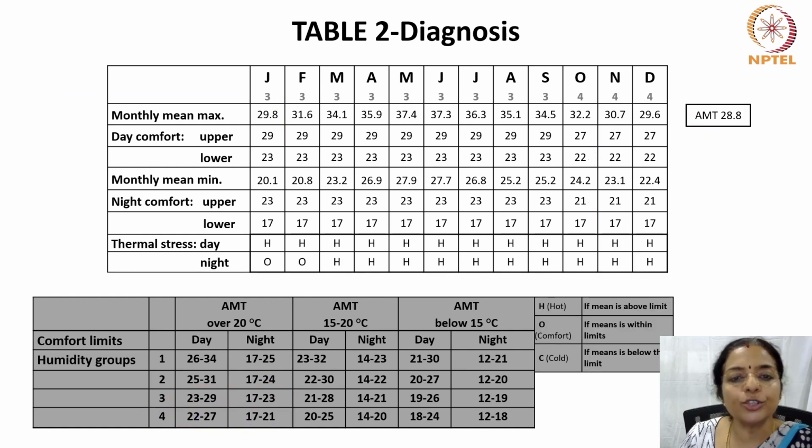Like this, you fill for each of the thing. Now, you can see that 31.6 is more than 29. So it is bound to be hot. Like this, for each of the table, you fill it.